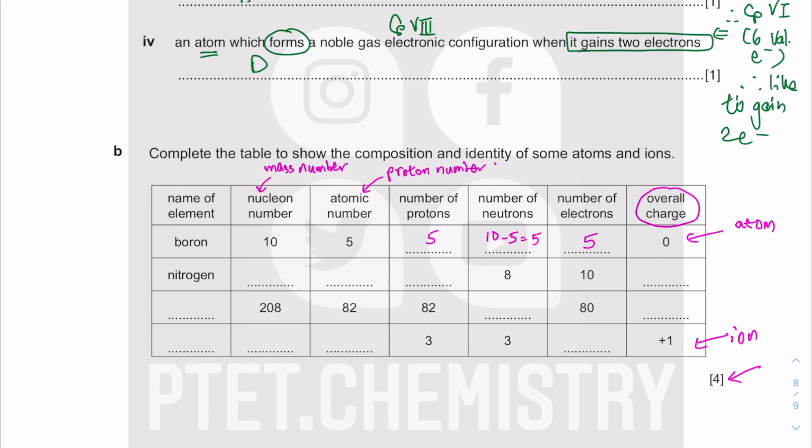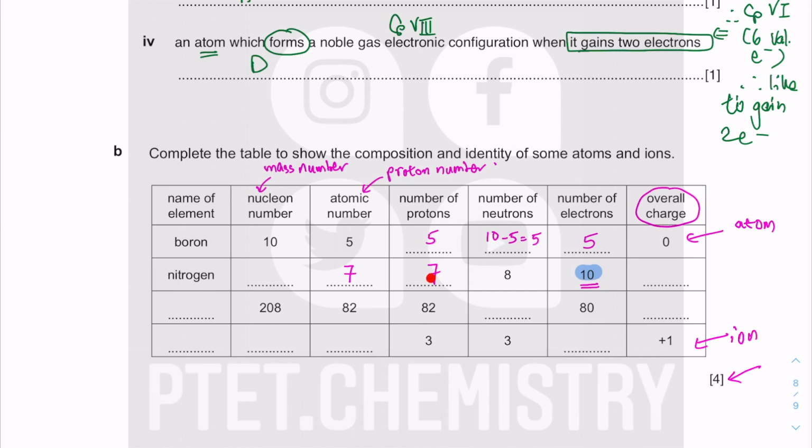Okay. Nitrogen. I don't know the nucleon number yet, but I need to look at the proton number, which is equal to the atomic number. It's element number 7, so the number of proton is 7. If I have 7 proton, but I have 10 electrons, look at this, I have 10 electrons, okay?